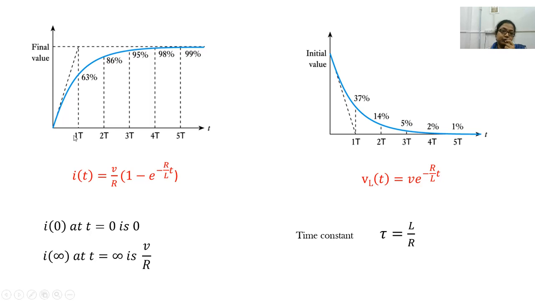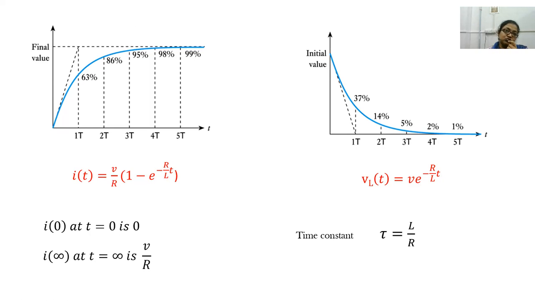Initially, the inductor behaves as an open circuit. That is why current is 0, because we are using an RL series circuit. So at the initial or starting state, the inductor behaves as an open circuit. Now as the current progresses and reaches the final state, we get maximum current.